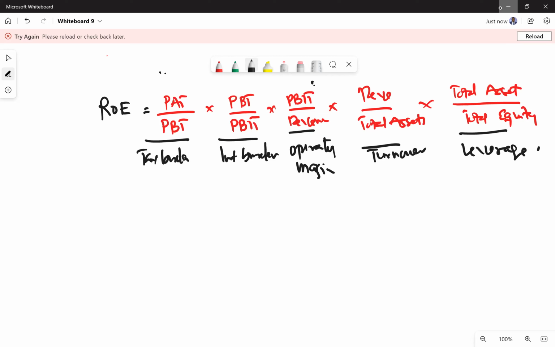You must understand that the examiner could give you any of this and may not necessarily ask you to calculate, but they want you to know the impact on ROE of any of these. Is that clear? Any question on the DuPont?